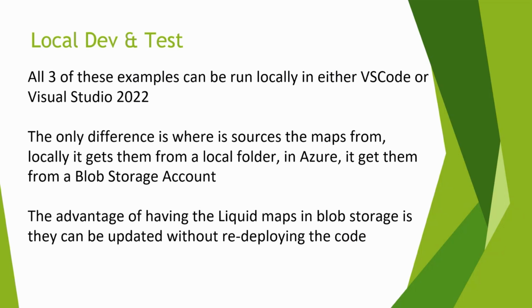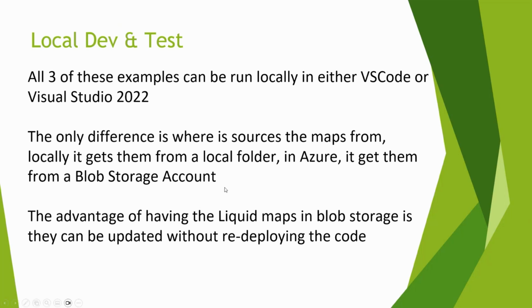You could create just an endpoint that you pass the JSON data and your liquid map in, and it would output what that's going to look like. And that makes it easier for the people building the maps, because they have an easy way to test without having to deploy everything to Azure or wherever they're putting it.